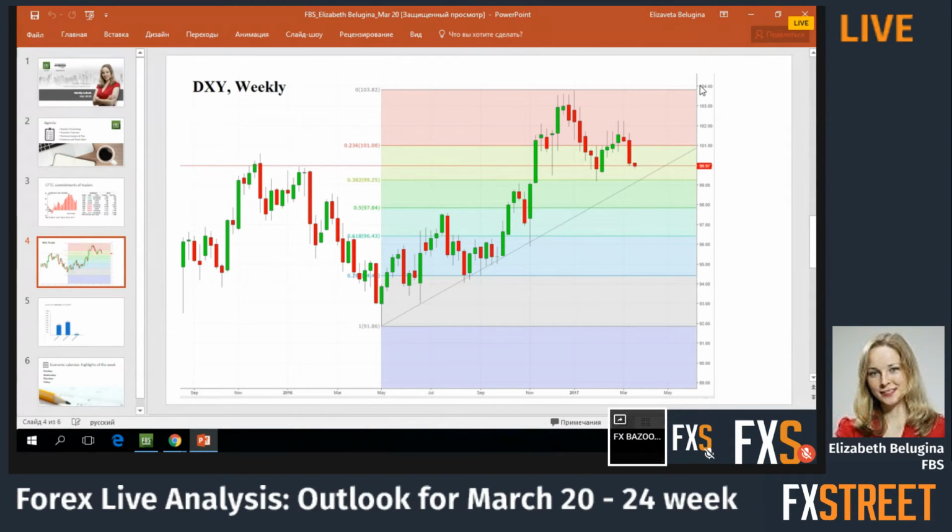But maybe in a week from now, when we'll get more data releases and comments from the Fed, we'll have more evidence on whether this trend, the uptrend in the US dollar, will resume, or whether we'll have a deeper retracement in the American currency to the downside.